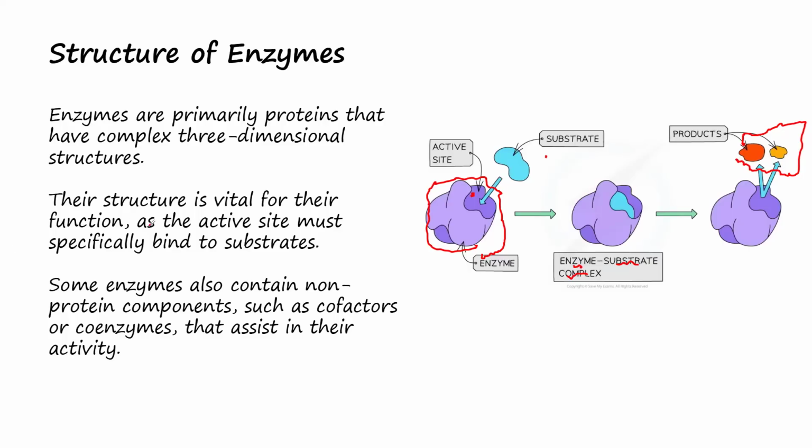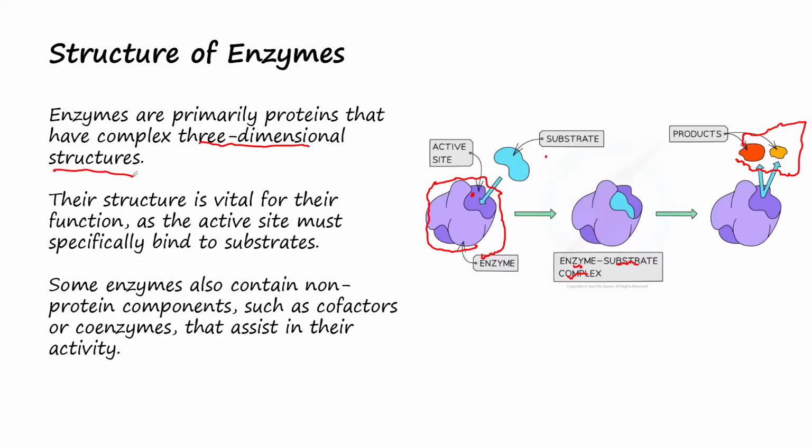The structure of the enzyme is vital for its function, as the active site must specifically bind to the substrate. In a situation where the enzyme loses its complex three-dimensional structure, the integrity of the enzyme will be distorted.